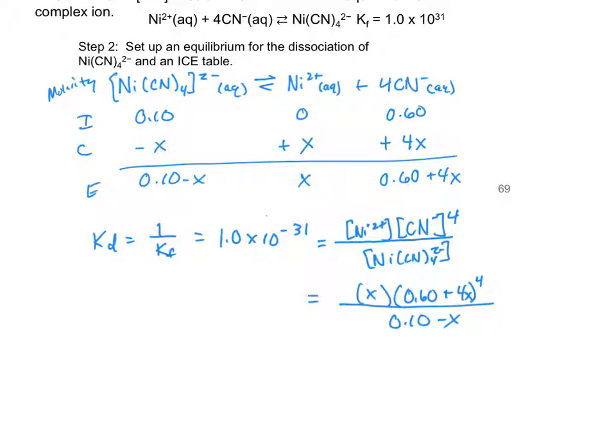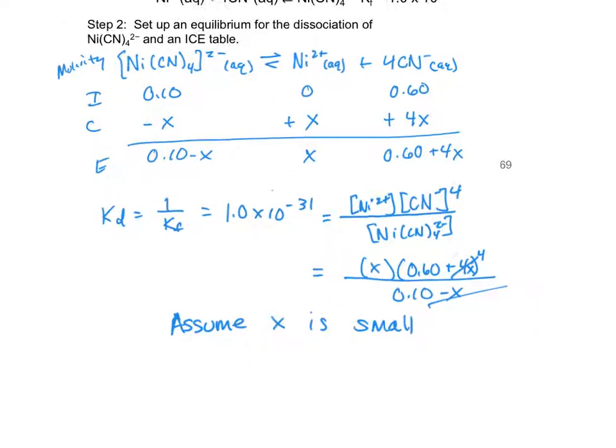So what we're going to do now, notice how tiny our Kd value is, 10 to the minus 31. Very little of this is going to dissociate. And so what that means is that we're going to assume the X is small. So we can cross out X in comparison to the 0.1 and the 4X in comparison to the 0.6.